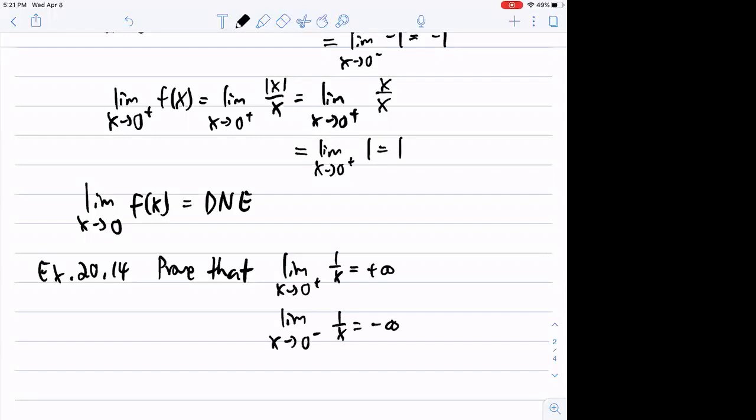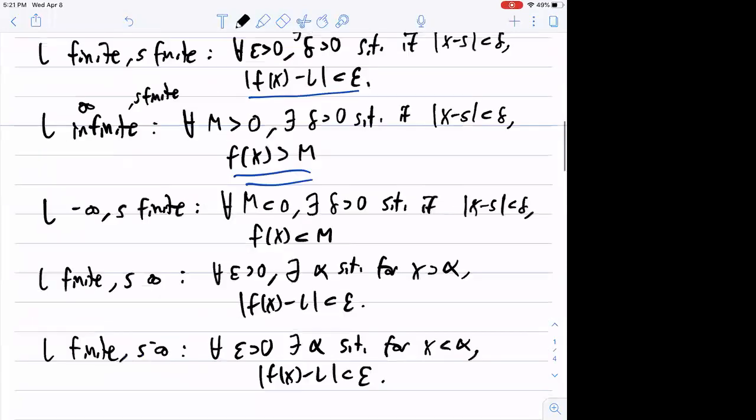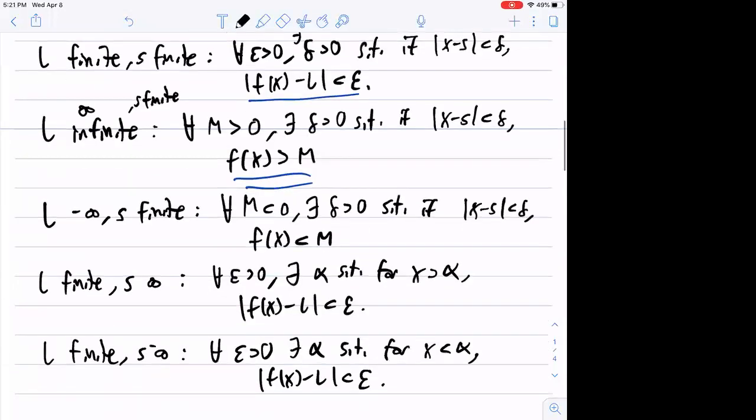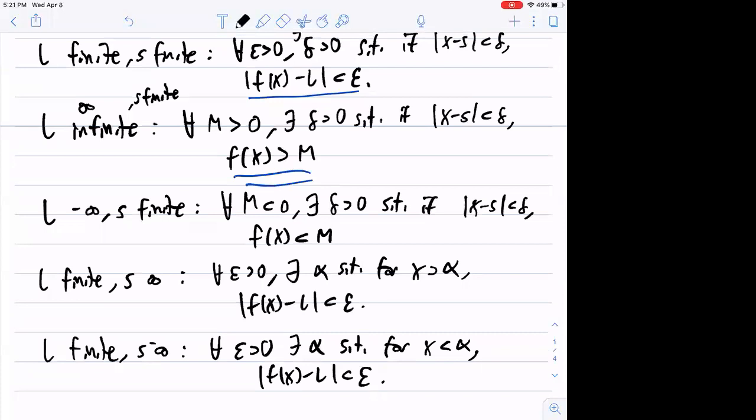So what case are we in? Let's go back. We are in the case where L is infinite and S is 0, S is finite. So we are in these two cases, this one and this one. The first problem is L is infinite and the second one is negative infinity.